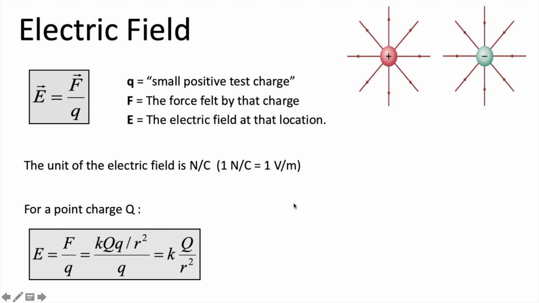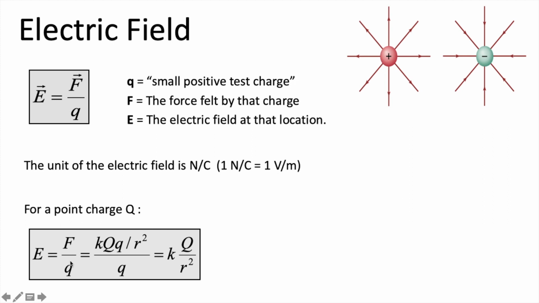We can also derive a different formula, without the electric force, just the electric field due to a point charge. Here I can use the same test charge somewhere here, and by definition electric field is force divided by charge, force per unit charge.